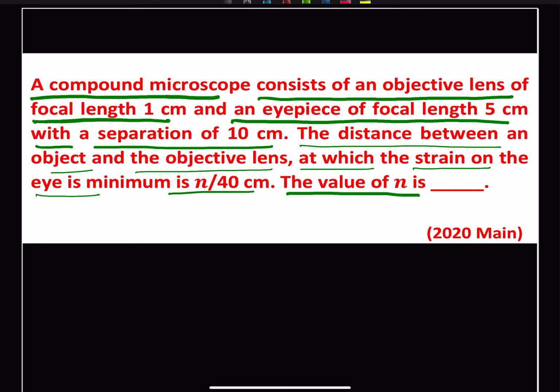So in this entire question, the important point to be considered is that the strain on the eye is minimum. This is going to give us the position of the final image.